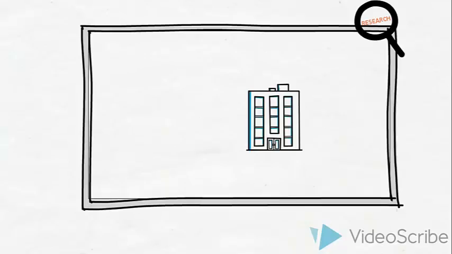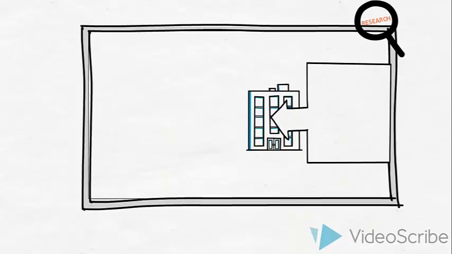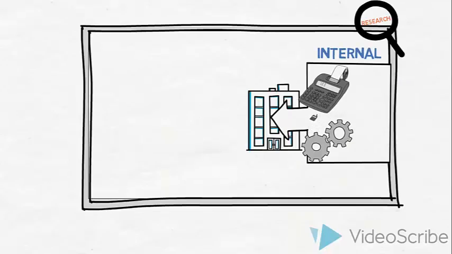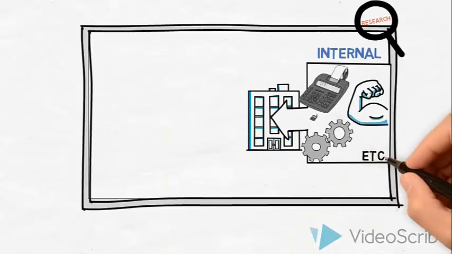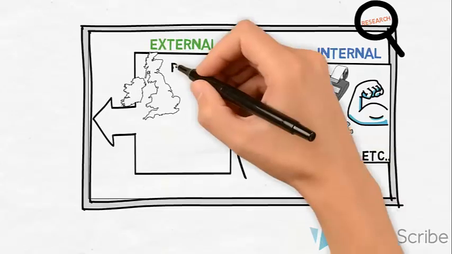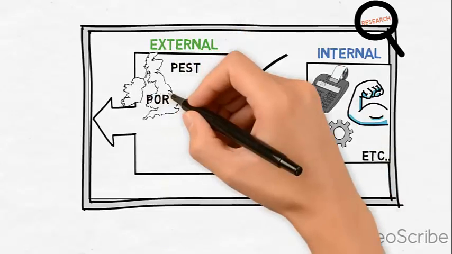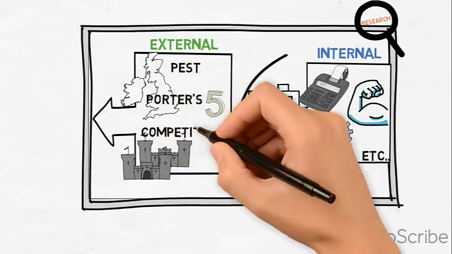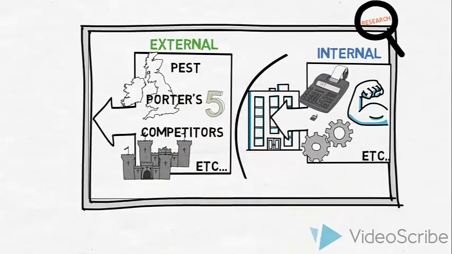The gathered data might be used in a process of conducting different analysis. Internal analysis, which could include a look at the company accounts, current business model, core competencies, and others. And external analysis such as PEST, Porter's Five Forces, competitor analysis, and others.